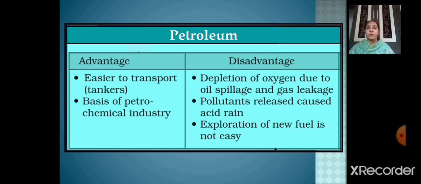You have learnt about the gas leakage problem. If any oil spillage or gas leakage takes place, it leads to the depletion of oxygen; the oxygen levels come down. Pollutants released cause acid rain, and even exploration of new fuel is not easy. These are the disadvantages of petroleum.